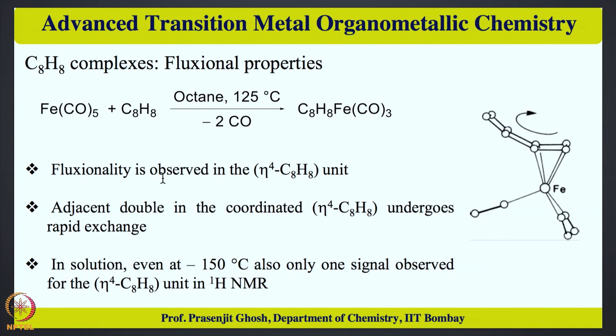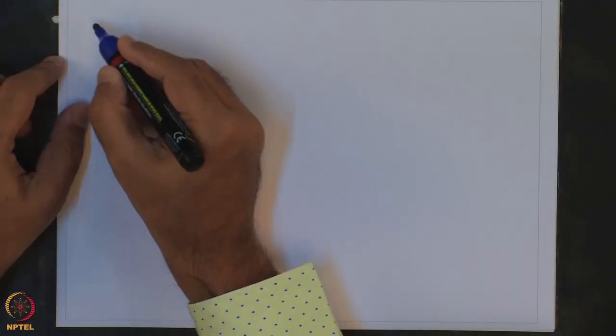Another interesting aspect of these complexes is that some of them are fluxional at room temperature. The fluxional properties of C8H8 complexes are illustrated in the examples given below.